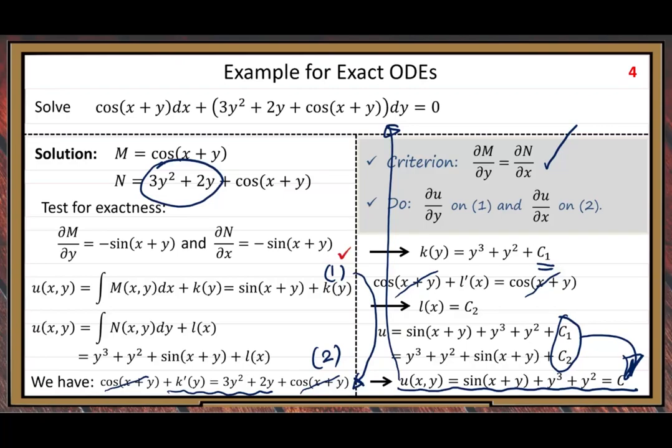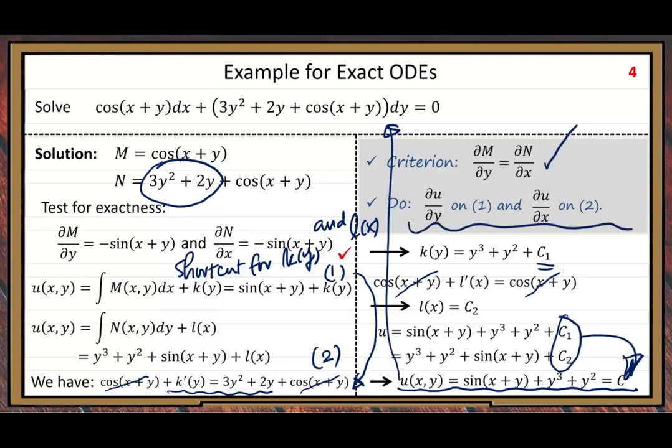So the shortcut to determine the little k function and the L function. Actually, we can find the k function and L function quickly, so we do not need to do partial derivatives twice in these two steps.